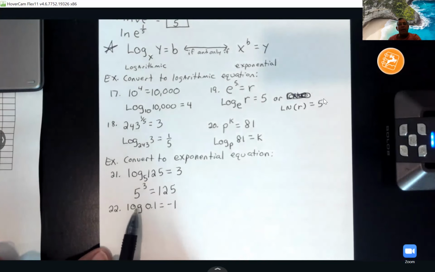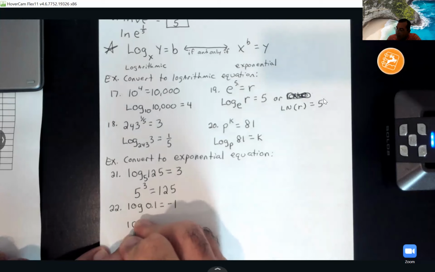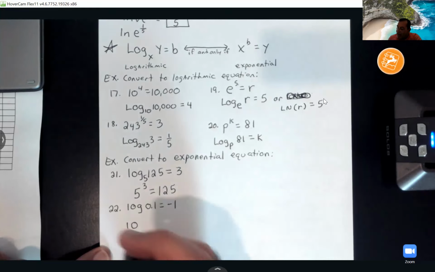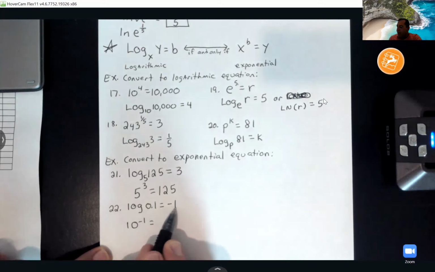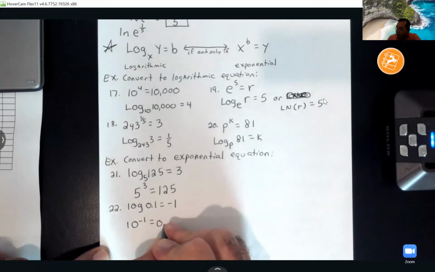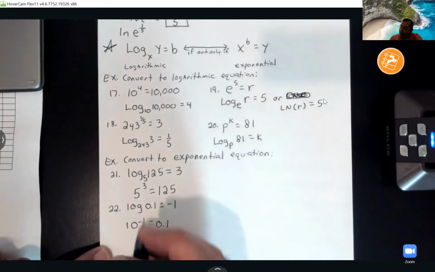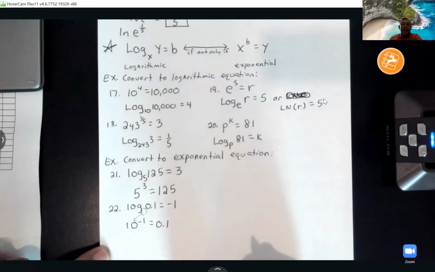So remember, anytime you got a log and there's not a base shown, that base is automatically a 10. So my base is a 10. My exponent is -1. So 10 to the -1 gives me a result of 0.1. Okay, that's the thing you got to remember. Missing logs are automatically 10, okay?